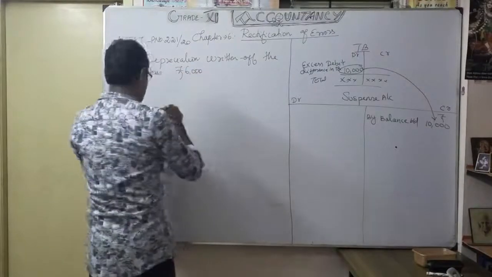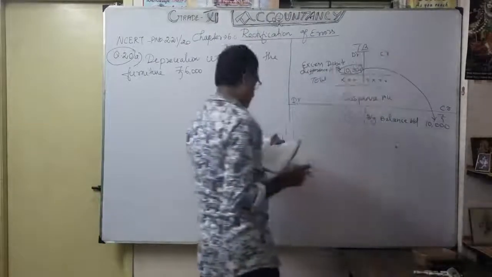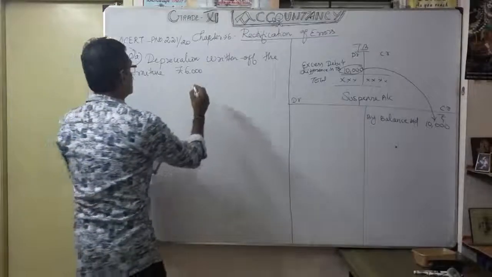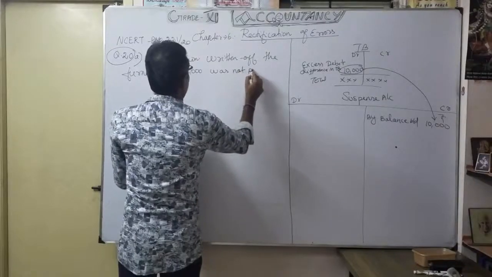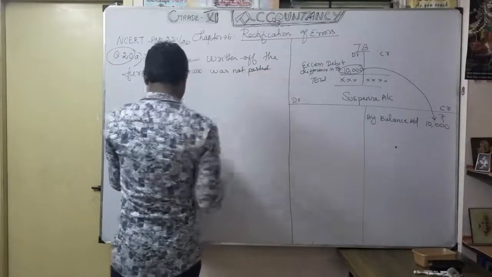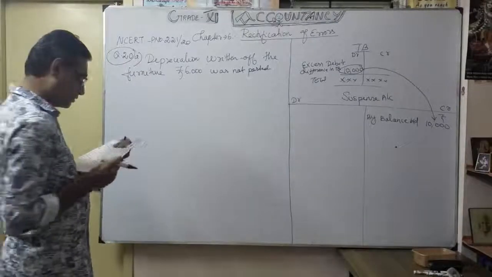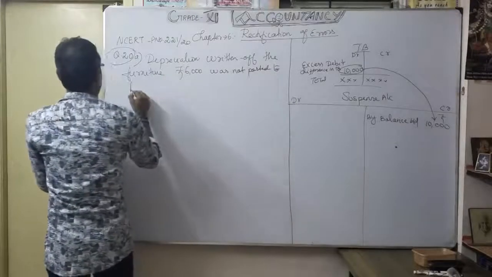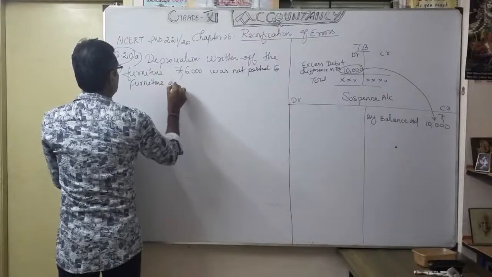The value of the depreciation we are going to calculate on furniture. According to this, depreciation of 6,000 was not posted. Depreciation written off the furniture 6,000 not posted to which account? To furniture account. You understood?